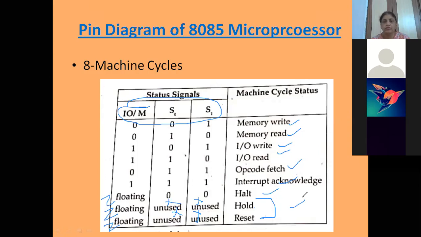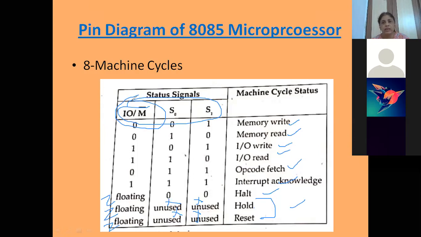क्लियर. तो ये जो IOM बार पिन है ये बहुत बार एक्सप्लेनेशन के लिए आती है. So you have to tell that when the signal on this pin is low, then the address on the address bus is for memory, and if the signal is high then the address on the address bus is for input output devices.